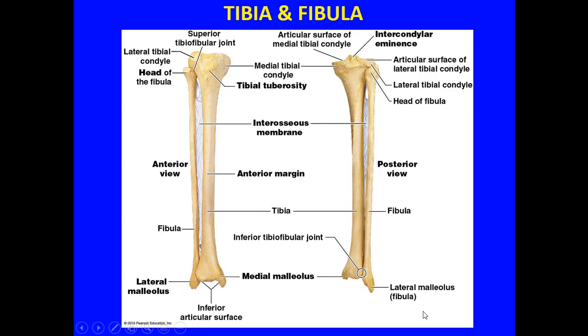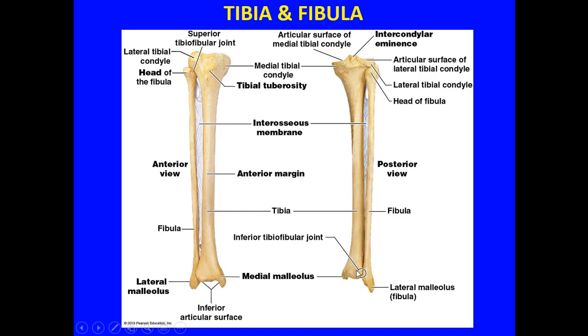Now, if you look at the superior side, you have the intercondylar eminence. This is sort of like a little peak and fits in with the articular surface of the medial tibial condyle. And the articular surface of the lateral tibial condyle is right here. You've got the lateral tibial condyle right there, and the head of the fibula is right here.